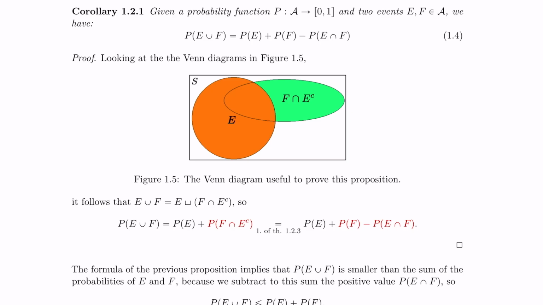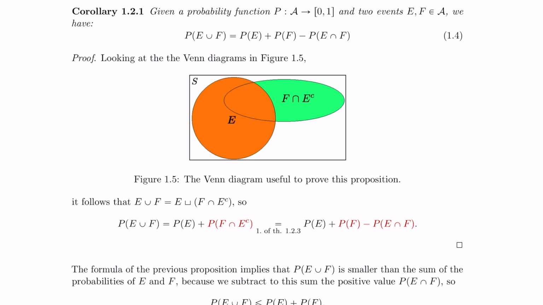So, given a probability function P and two events E and F, the probability assigned to the union of E and F is the sum of the probabilities assigned to E and F minus the probability assigned to their intersection.